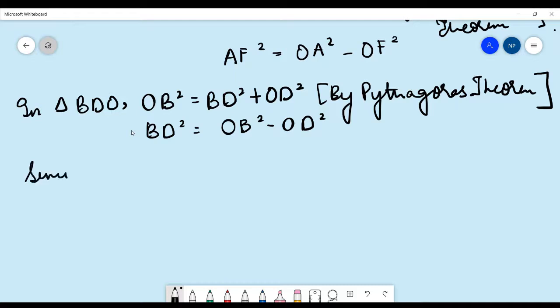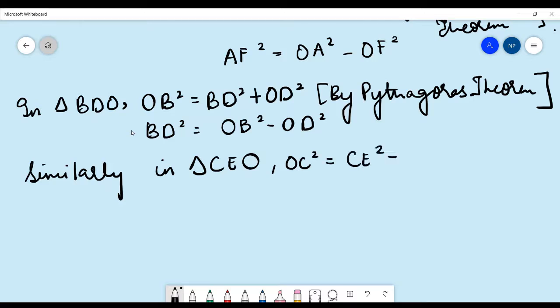Similarly, in triangle CEO, OC square is equals to CE square plus OE square. From here we can take out CE square is equals to OC square minus OE square.